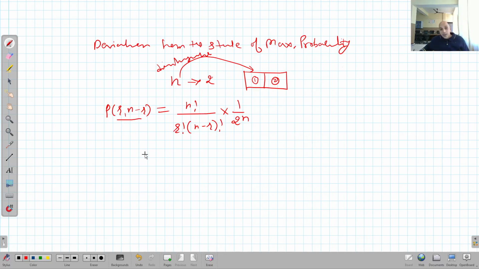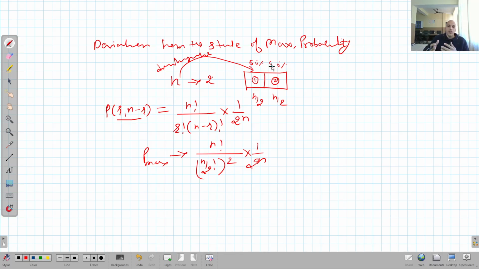And we have also derived the case of maximum probability, P maximum. It was n factorial upon (n by 2 factorial) whole square into 1 upon 2 power n, right? So here in this article I am going to discuss how this system behaves when I slightly deviate from this state. What is the state? The state is n/2, n/2, meaning 50 particles in one and 50 particles in the second compartment.